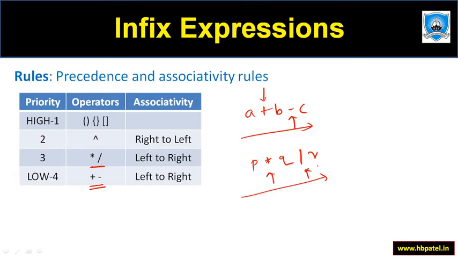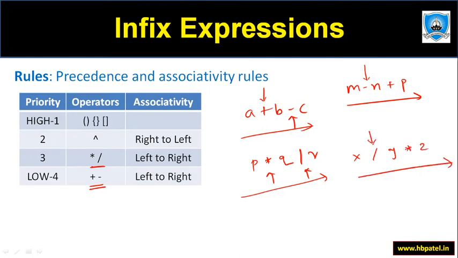So it will go in this way. Or if it is m minus n plus p, so in that case if we go left to right, minus is having higher priority than plus. Or if it is x divided by y multiplied by z, so in that case also we'll go from left to right. So division is having higher priority than multiplication.